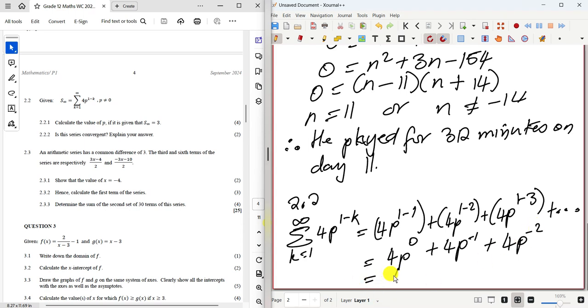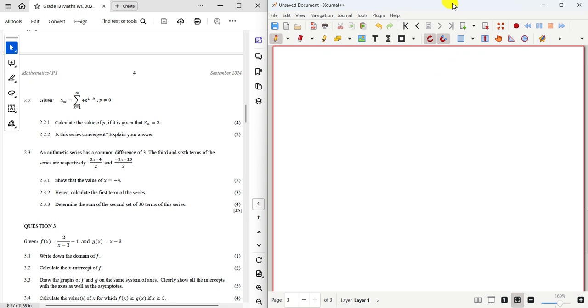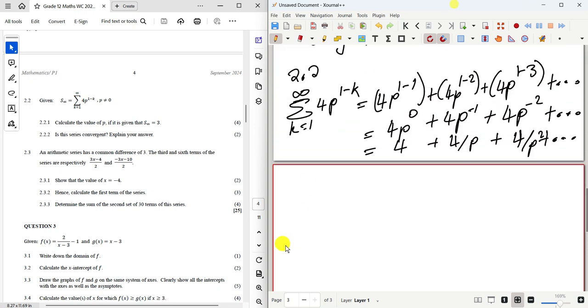You can say this becomes 4 plus 4 over p plus 4 over p squared plus and so on. Now you can see our a is 4, but now let's get our r.